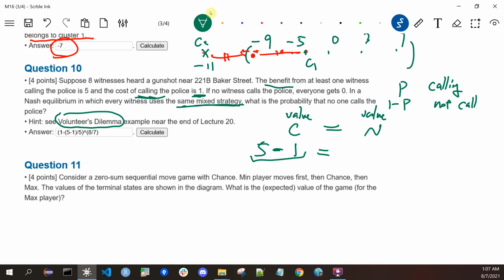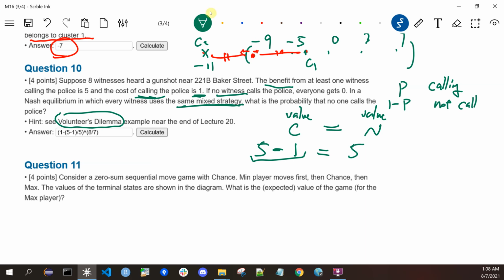Note that this does not really depend on what the other players are doing. Because if I choose to call, there only needs to be one person calling the police. So if I'm the one, then I will get the benefit for sure, and then I'll incur the cost. However, if I choose not to call, then my benefit actually depends on what the other players are doing.